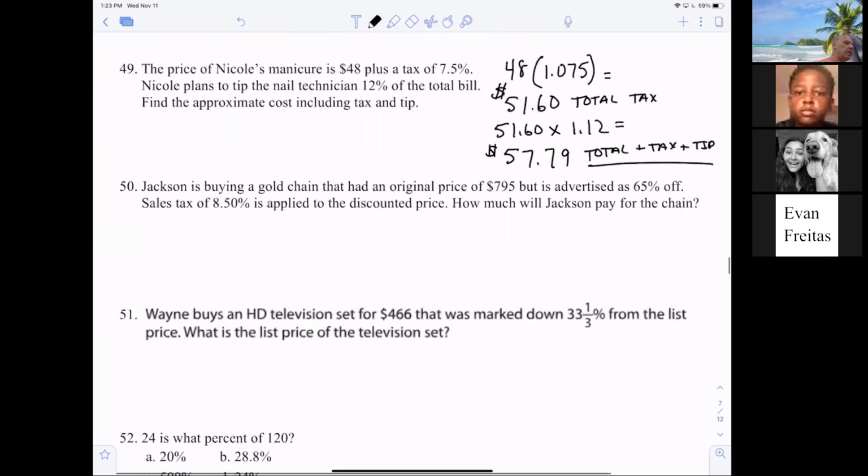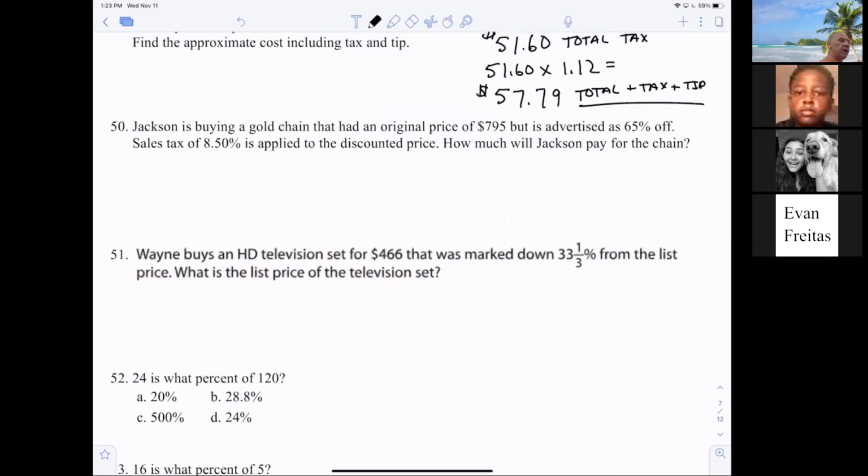All right, so Jackson's buying a gold chain, originally $795, but it's advertised 65% off. So how much does he have to pay? What would I have to do? 795 times what? No. 65% off.